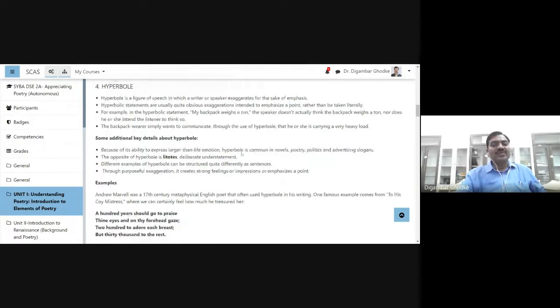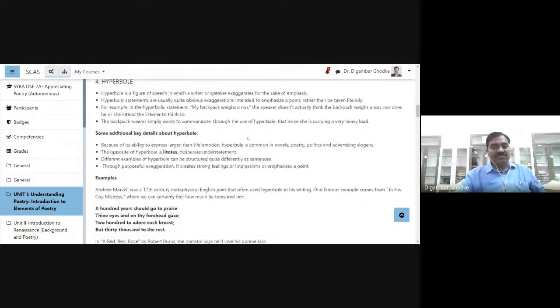Now let's try to understand that hyperbole has the ability to express larger than life emotion. In film songs, in poems, you come across such use of hyperbole. Sitare tod layenge, for example. Dharti ko asma banayenge. So these are the hyperbolic expressions.